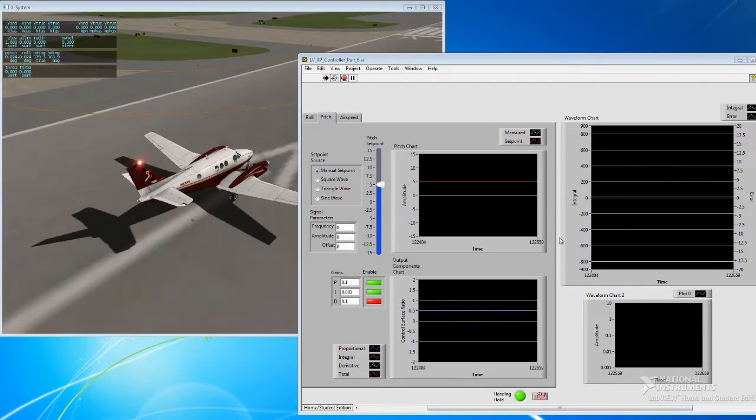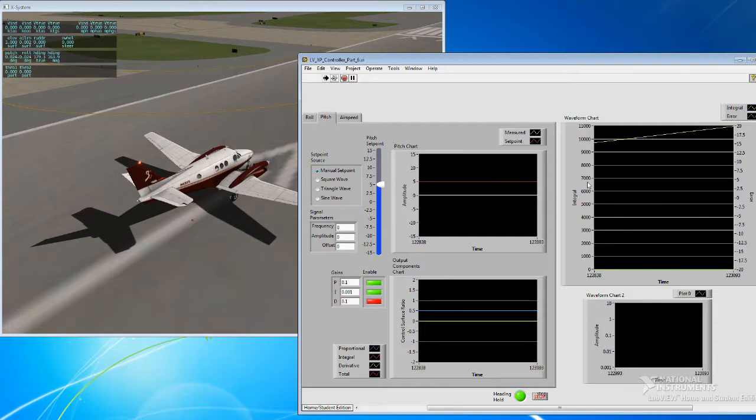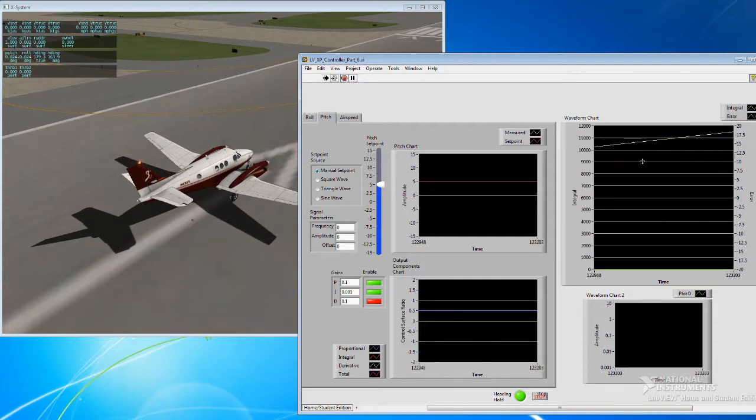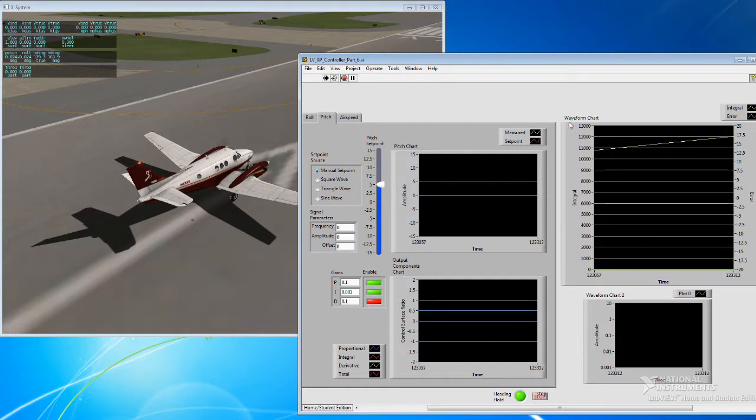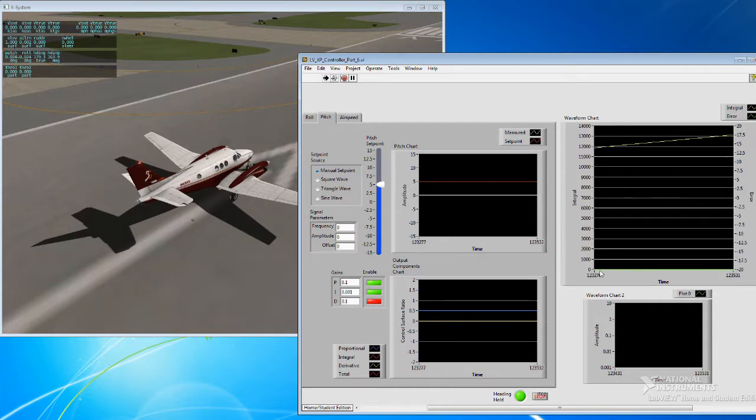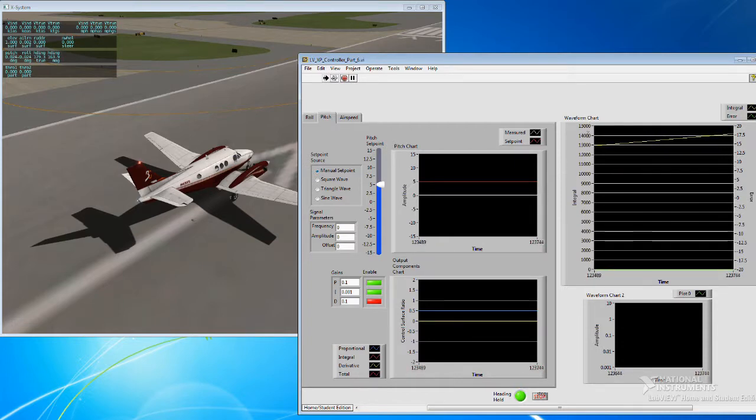So let me demonstrate what happens now if we try and take off with that integral enabled right from the start. Turn on auto scaling just so you can see that the integral is continuing to grow. And if you recall from before, a typical value for our integral might be plus 400, and so it's growing massively.